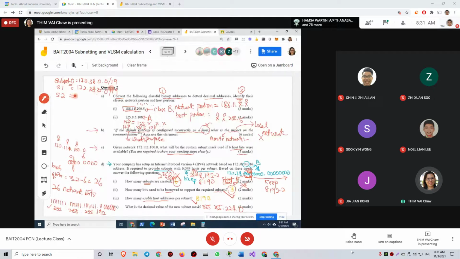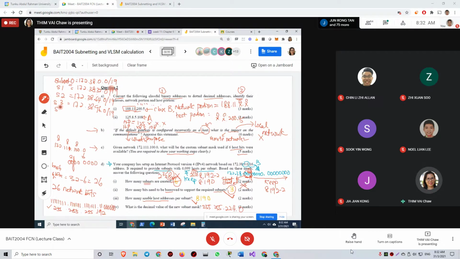Then I'm using 172.38, 32 plus your magic number will be 64.0/19. This is another subnet address. Every time you're going to plus 32. So 64 plus 32 will be 96.0/19.